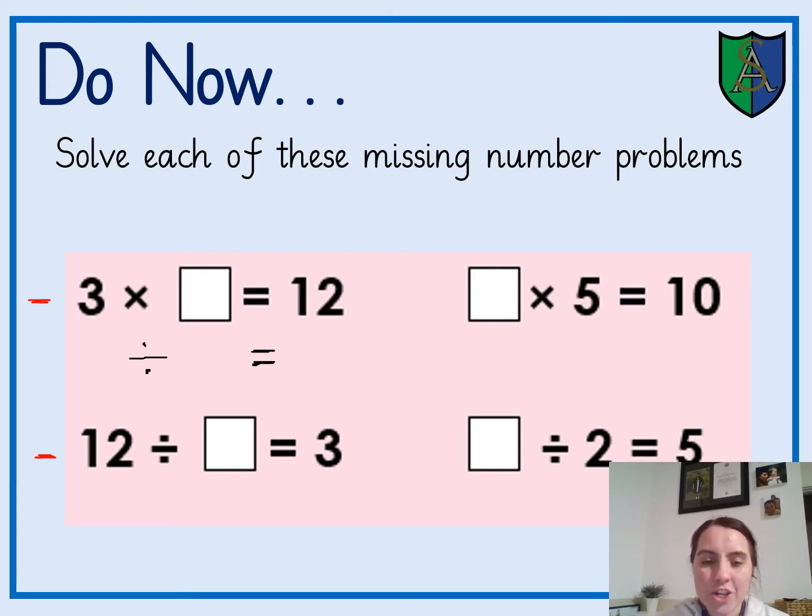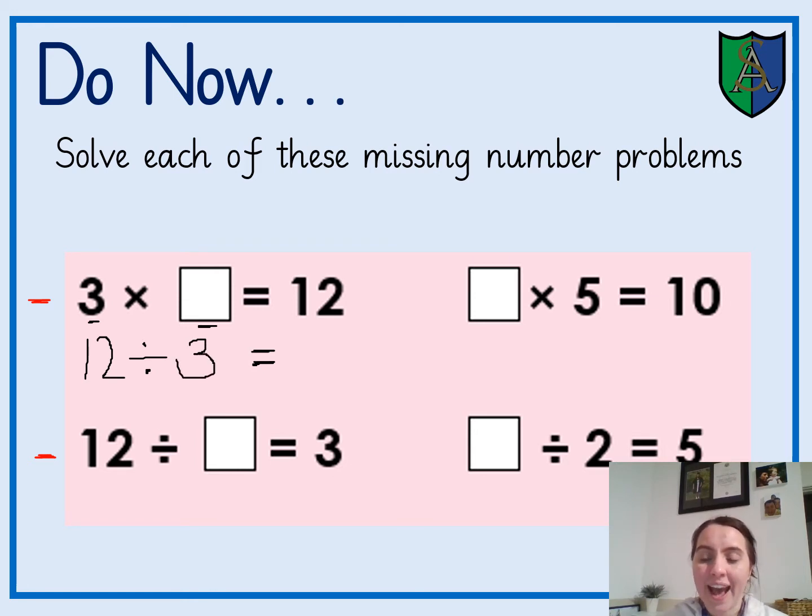To do this, we need to take our answer, which in this case is 12, and divide that by the part that we do know, because remember there are 2 parts here. We've got the 3 and we've got something unknown, which we're trying to find. So we're going to do 12 divided by 3.